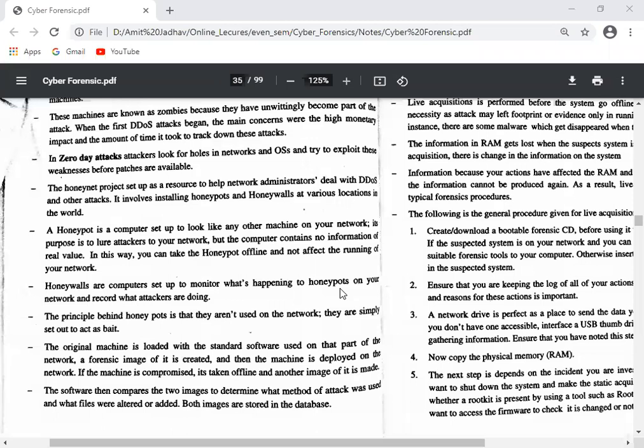If the two images match, then the attacker did not affect any file or resource on the computer. But if we find some difference in the files, then there was definitely an attack on our system. The software then compares the two images to determine what method of attack was used and what files were altered or added. Both images are stored in the database.